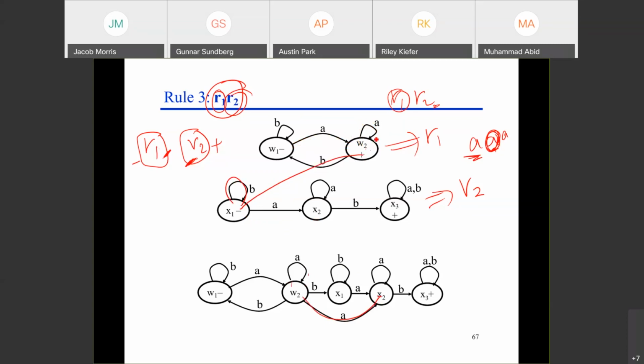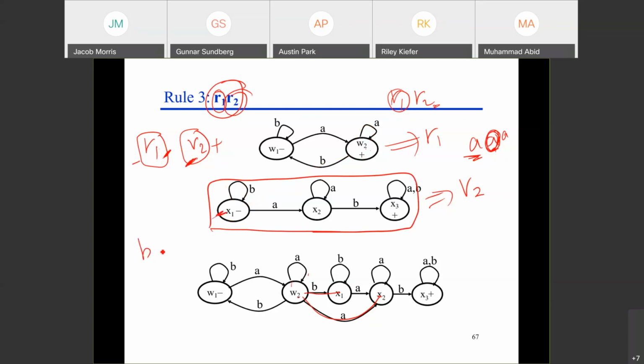But for W2 to X1, we need B, because this is a B here. If you are here and you receive B as input, it means you reach here. So this is your B here, which reaches X1. Just say if we do not have this machine, I have a question. If I have only this machine, can this machine accept word 1b if you are here?